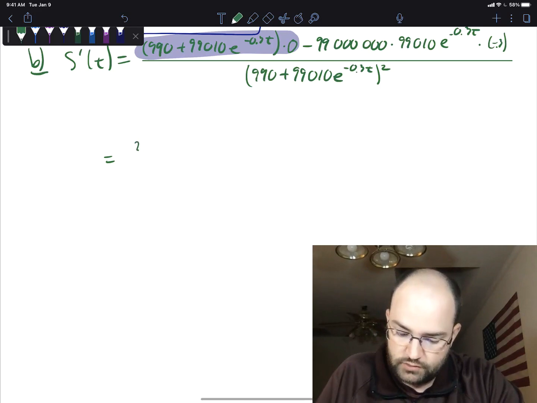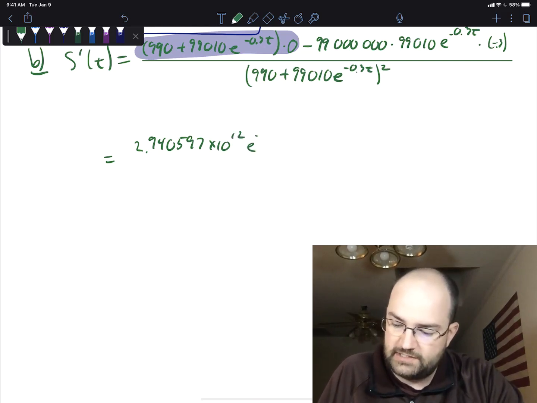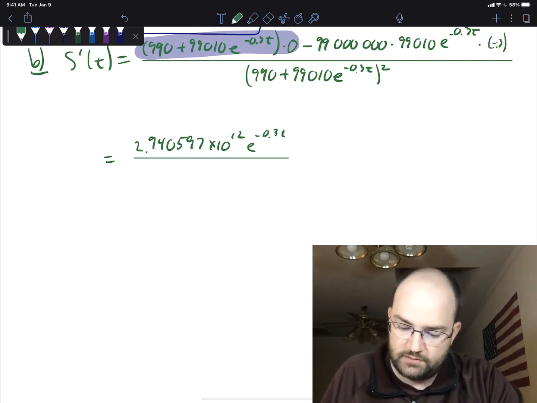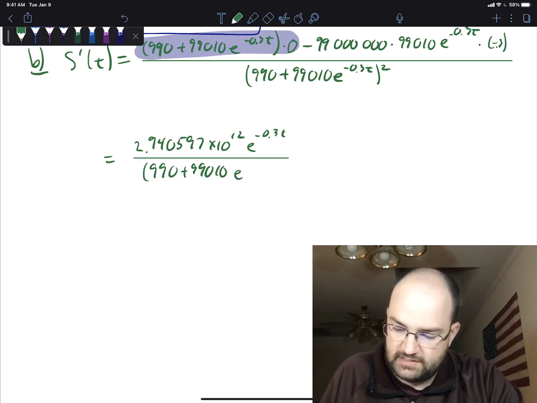So 2.940597 times 10 to the 12th power, and then e to the negative 0.3t, all over the denominator squared of 990 plus 99,010 e to the negative 0.3t, squared.